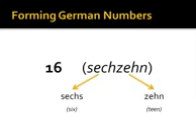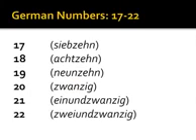We have sechs, which is 6, and zehn, which is 10, and is analogous to the English teen. And this continues on to the numbers 17, 18, 19, 20, 21, 22.